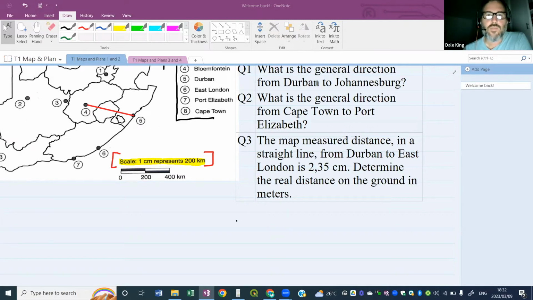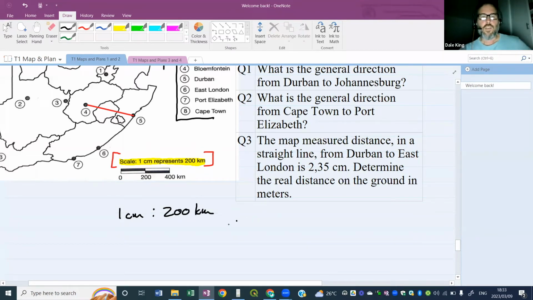All right. We've got all kinds of different numbers here. Let's have a look. So we've got a ruler measured distance of 2,35 centimeters, and we need to use our scale. We want to know the real world distance, so we have to use our scale to go to the real world. 1 centimeter is to 200 kilometers.